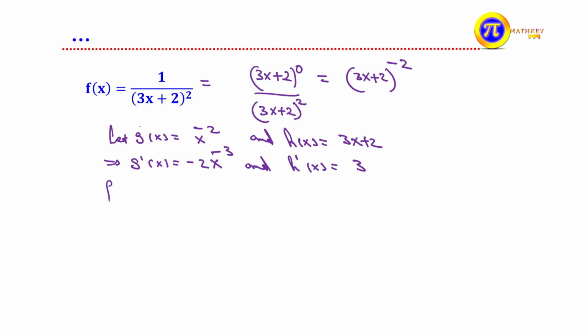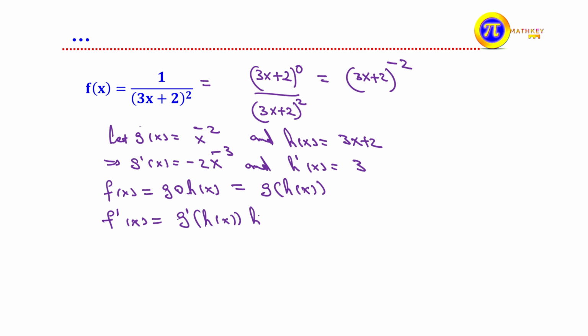This implies that f of x equals g of h of x, since it is a composition function. So f derivative at x equals the derivative of g at h of x times the inner one, that means h derivative at x.